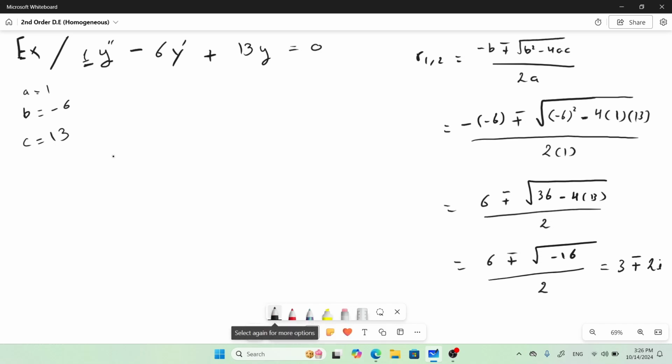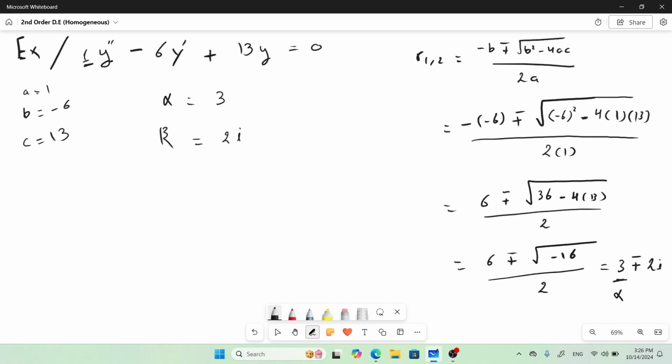Now we must find alpha and beta. Alpha is the real part of the roots, so alpha is equal to 3, and beta is equal to 2.